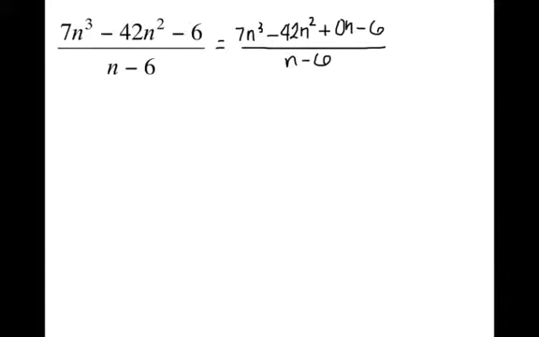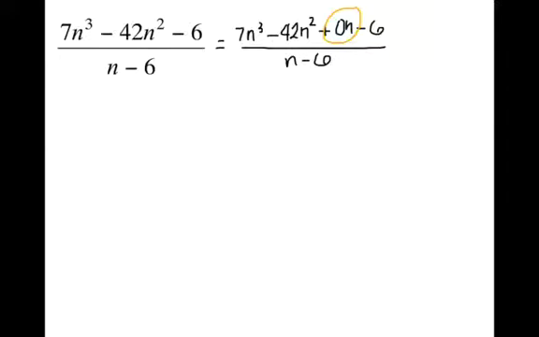These are the exact same, except on the second one I put a 0n in as a placeholder for that n to the 1 term. This is something you're always going to want to do when doing synthetic division. If there's an exponent that's missing, put a 0 in its place. You don't necessarily have to rewrite all of this like I did on the right side, but just make sure you put the 0 in where it would go when you write the coefficients out.